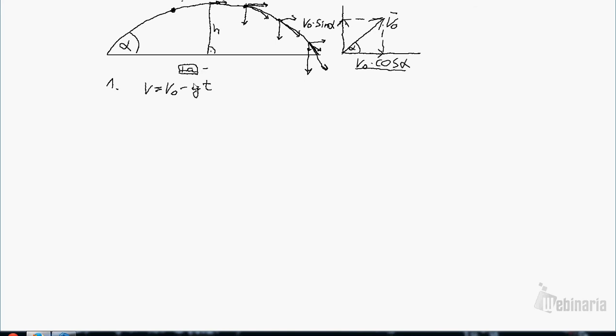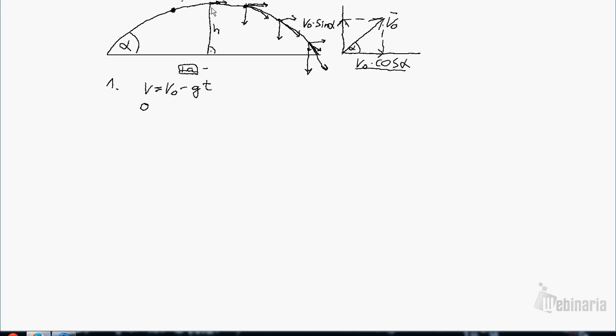Because it would be plus A. You know that A means acceleration, but here this acceleration is a special type because it's G, and our object, after we drop it, is going to be slower and slower, so that's why it has to be minus.